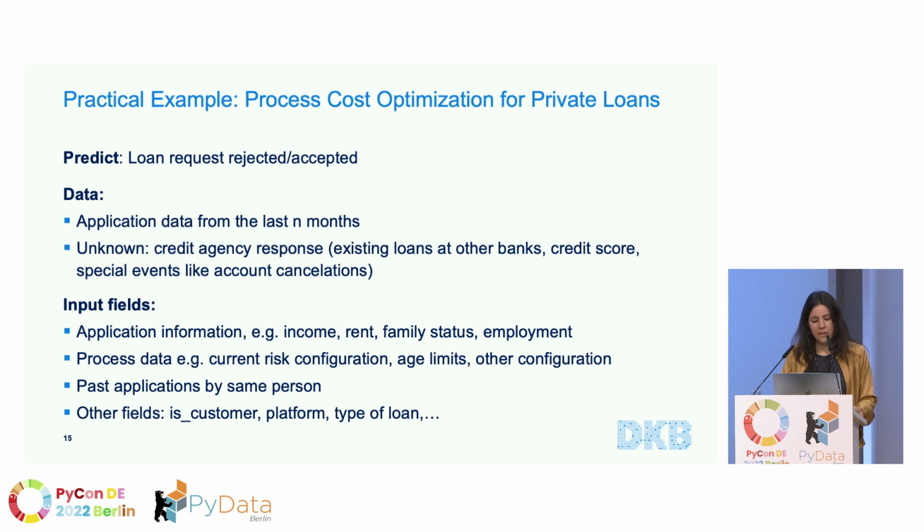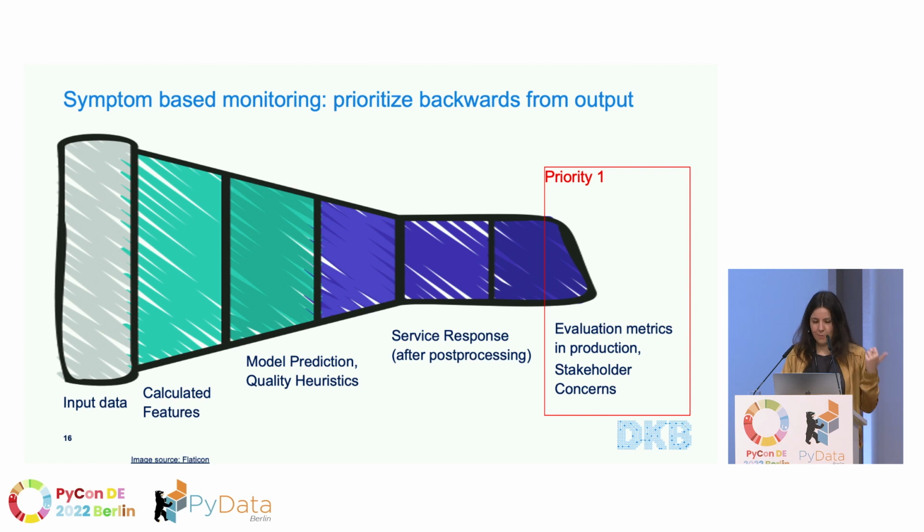And we have a bunch of fields, application information, like how much money do you want, what's your income, what's your rent, what's your employment status. Some configuration from the process, age limits, current risk configuration, past applications by the same person, and some other fields like is it a customer, what type of loan, etc. So this, remember, this will be our example, and let's now walk through what we should monitor for this.